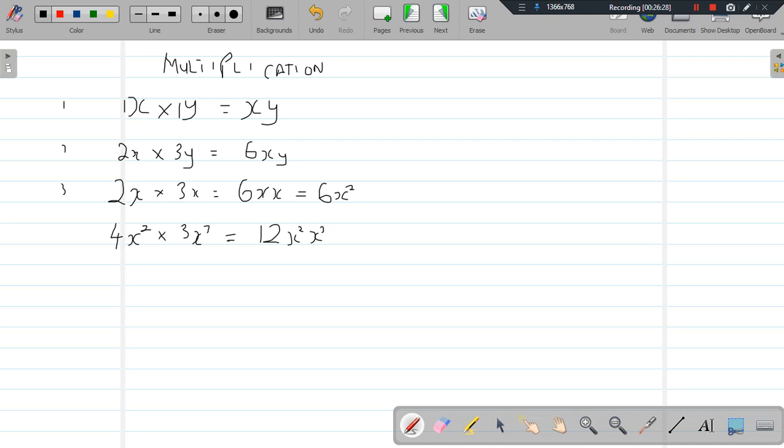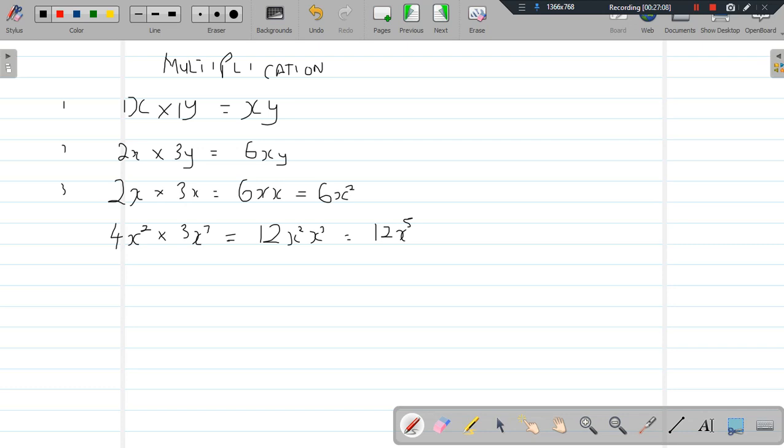We don't have to write them as we are writing this, but you write this as a single variable, then you consider the powers to each variable, then you add the powers. So in actual sense, this is going to give me 12, and then I'm going to write x as a single x, then I'm going to add 2 and 3 together and it's going to give me 5. Okay, so that is the type 3 I was talking about.